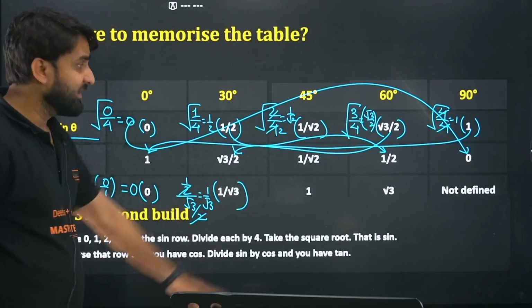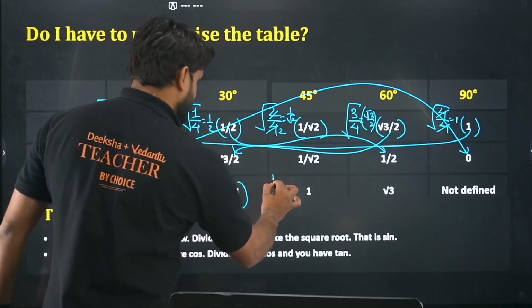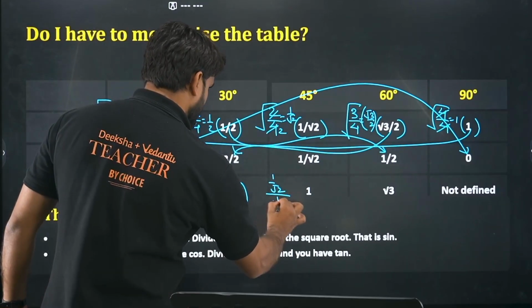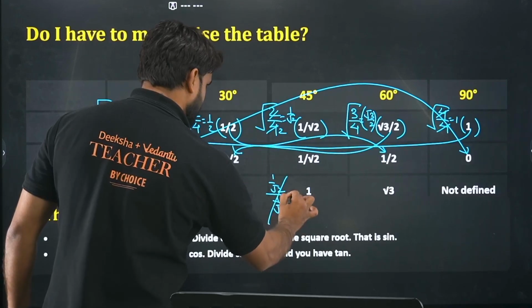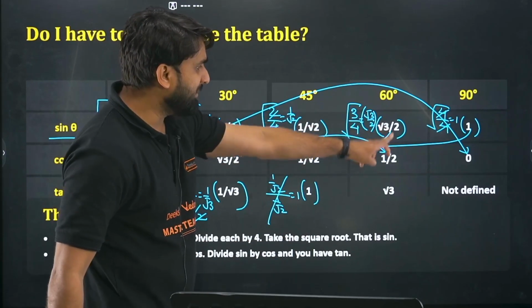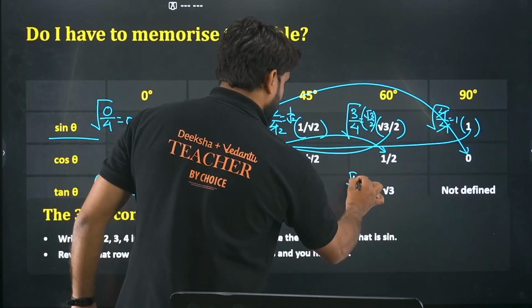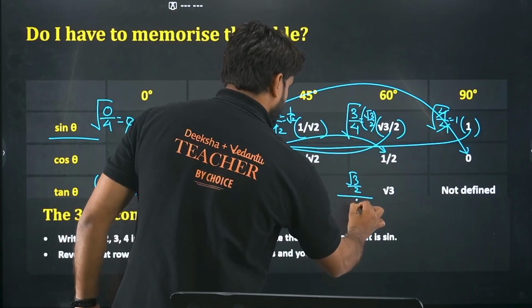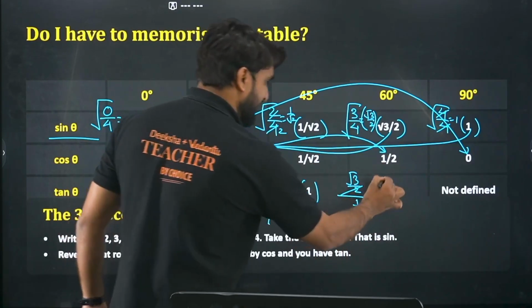Oh, this is there. 1 by root 2 divided by 1 by root 2 cancels, so the answer is 1. This is root 3 by 2 divided by 1 by 2, the 2 cancels, so we have root 3 here.